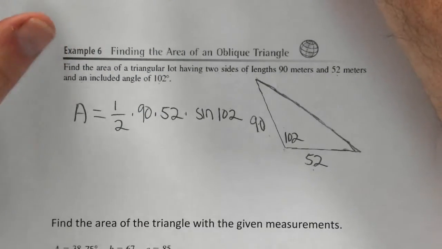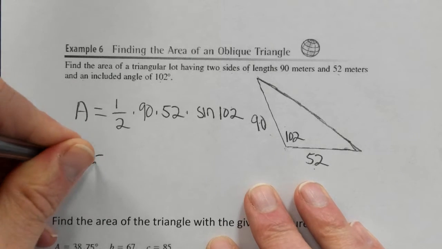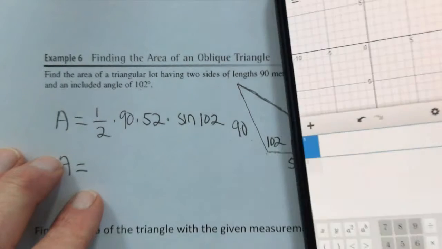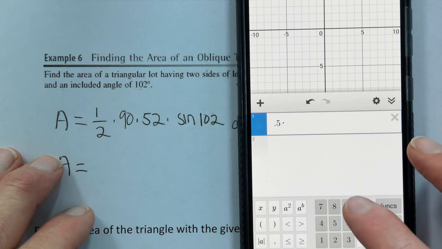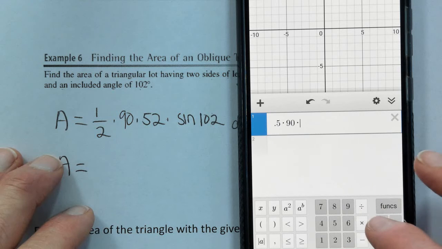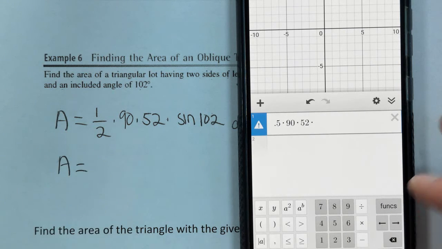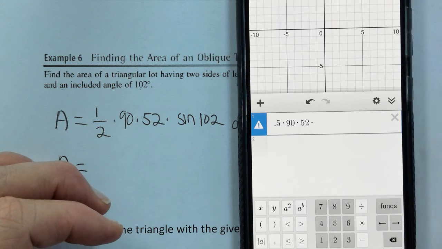Now all we have to do is plug this into the calculator and we come up with the area. Let's see what it looks like. We go 0.5 times 90 times 52 times, let's make sure we're on degrees, and we are.